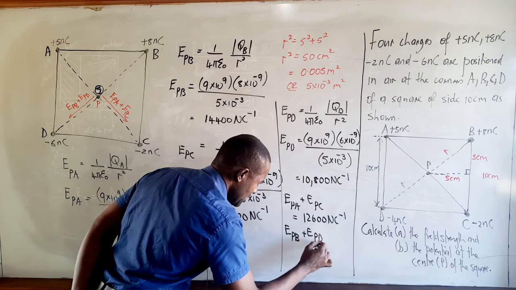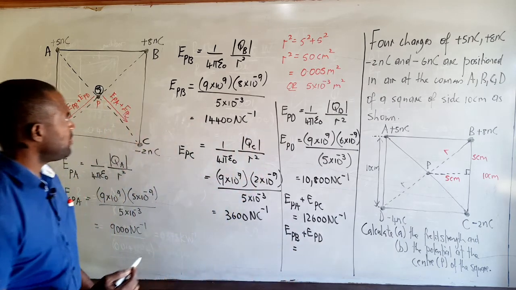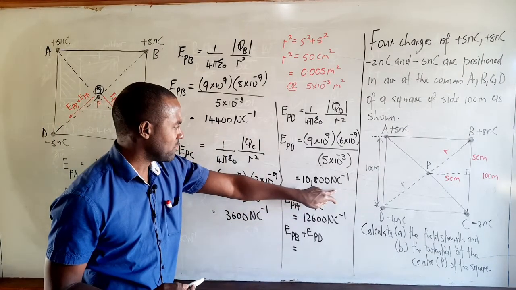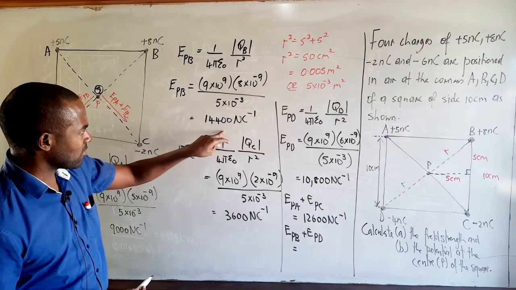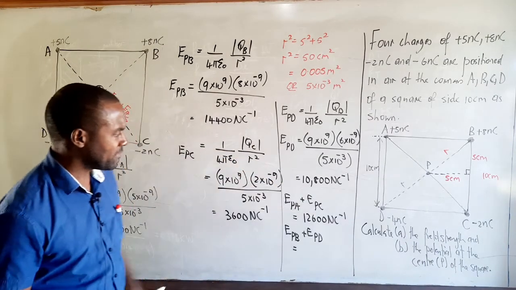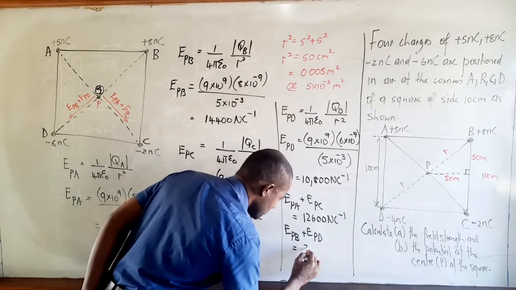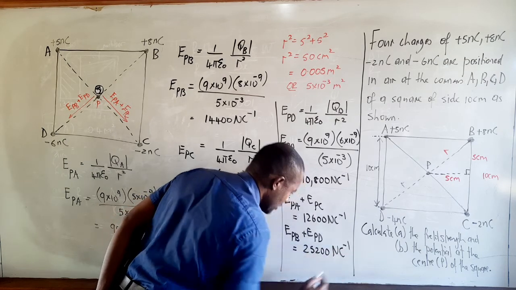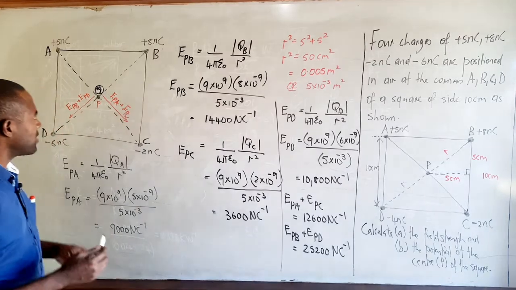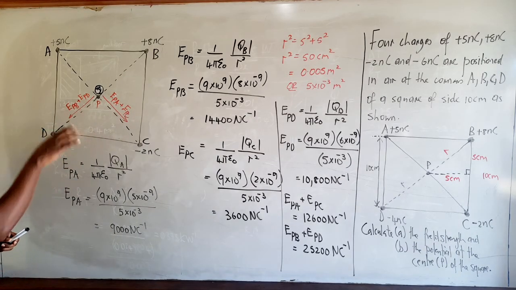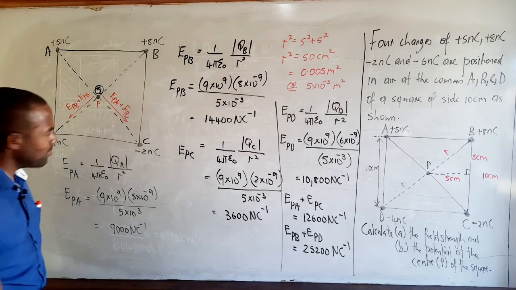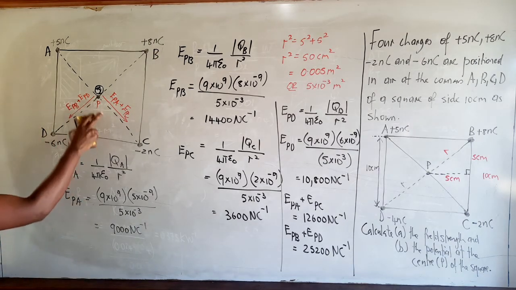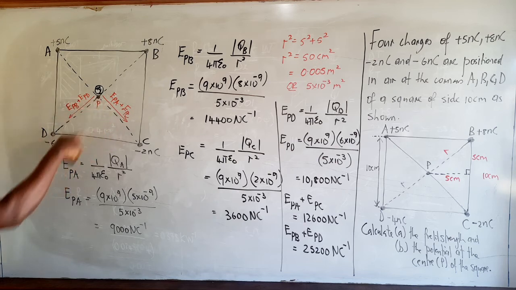EPB is 14,400, and we're adding that to 10,800, so that's 24,400 plus 800, which gives us 25,200 newtons per coulomb. Now, having worked out those magnitudes, we're no longer in need of this diagram, so we'll erase the diagram and just redraw this little piece which shows these perpendicular field strengths.